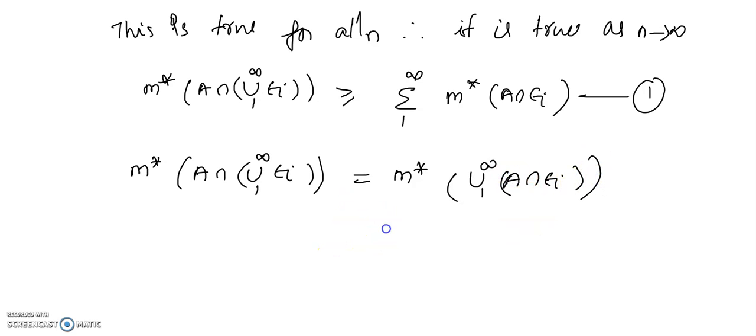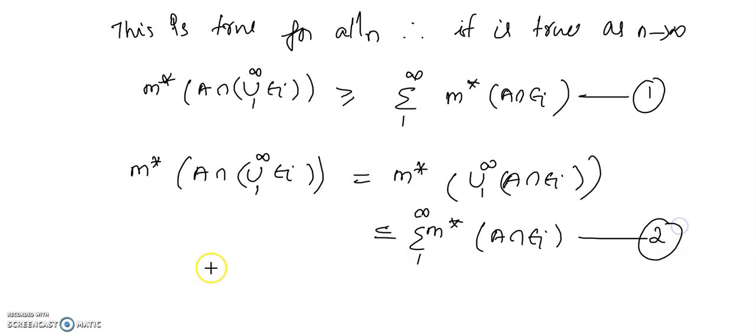Now by the countable subadditivity property, this will be less than or equal to summation n star of A intersection Ei, where i varies from 1 to infinity. So call this expression 2.